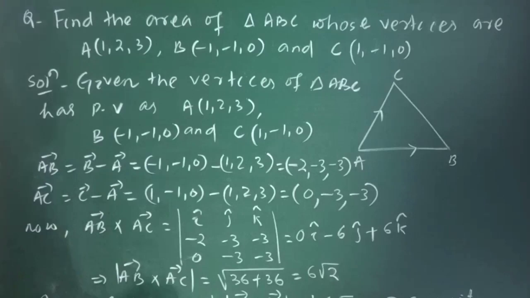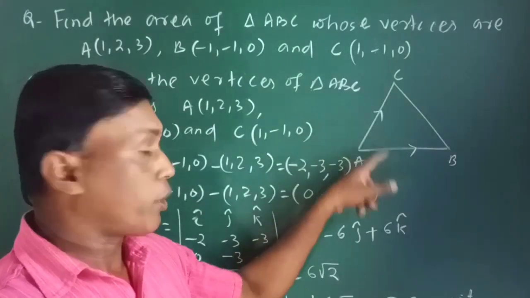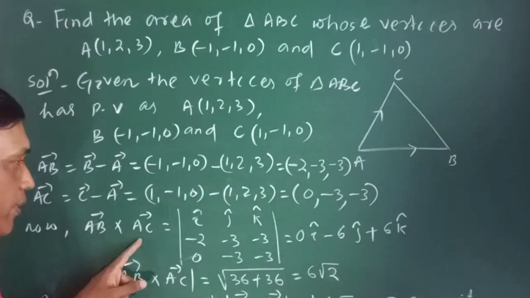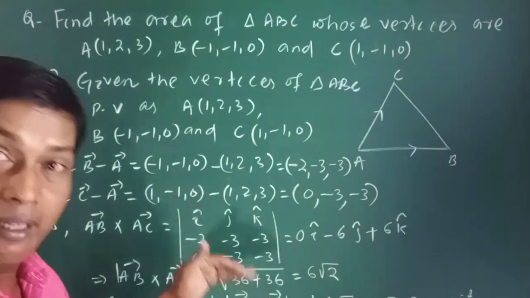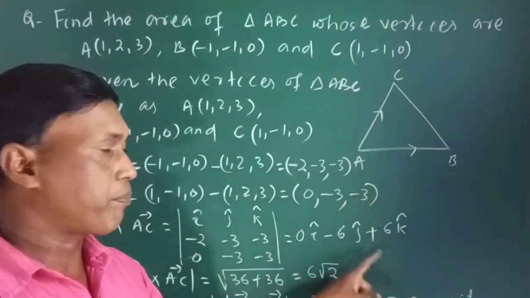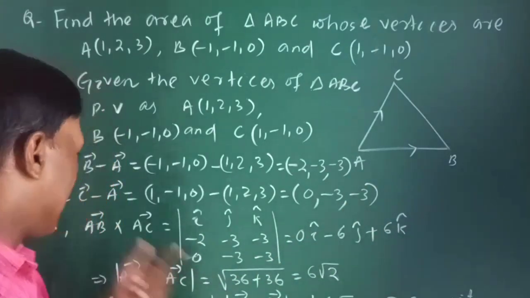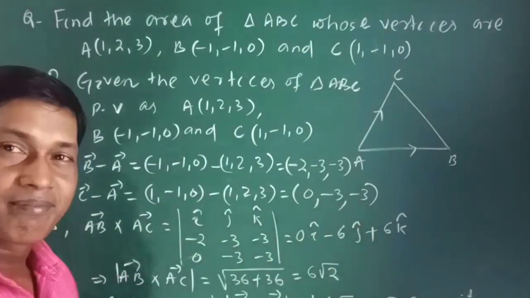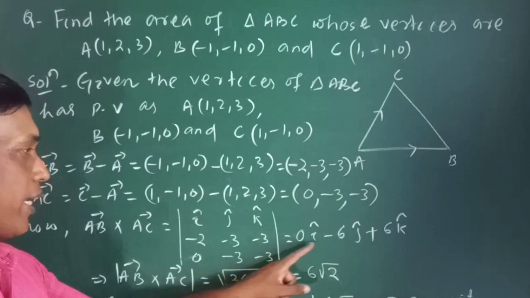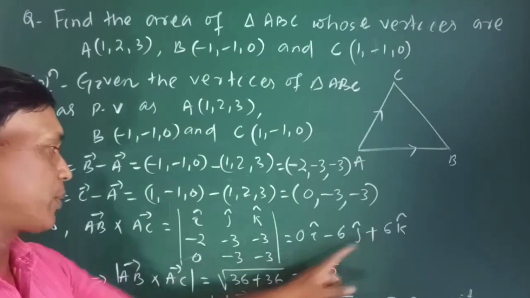Now to find the cross product of these two vectors, that means AB vector cross AC vector, in determinant form, and solving this, you will get 0 i cap minus 6 j cap plus 6 k cap. If AB cross AC vector is this, the magnitude of AB cross AC is root over of 0 squared, minus 6 squared is 36, and 6 squared is 36.